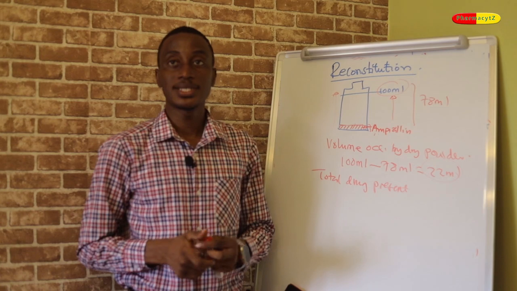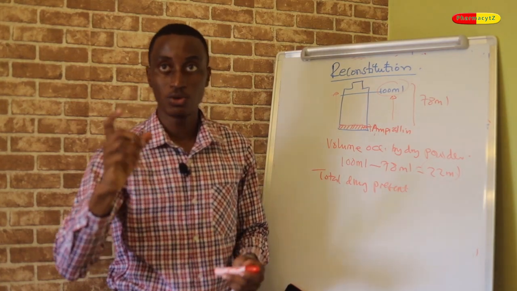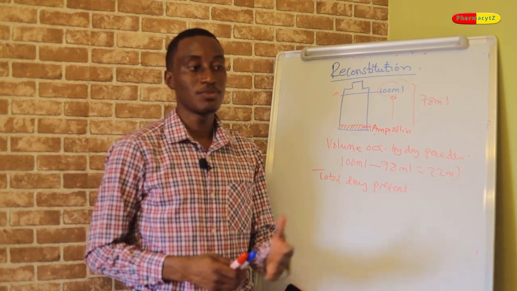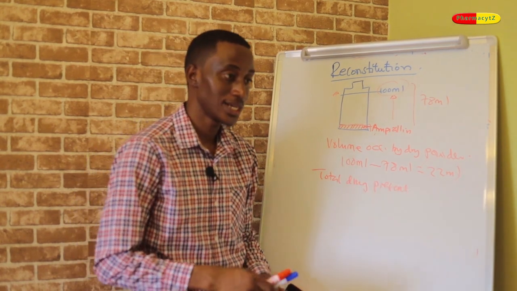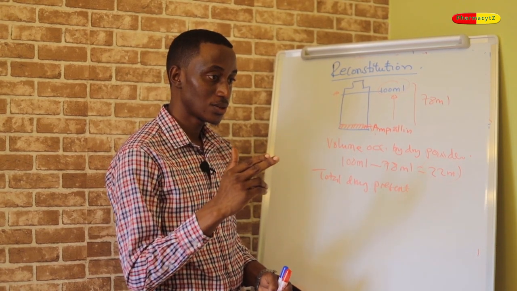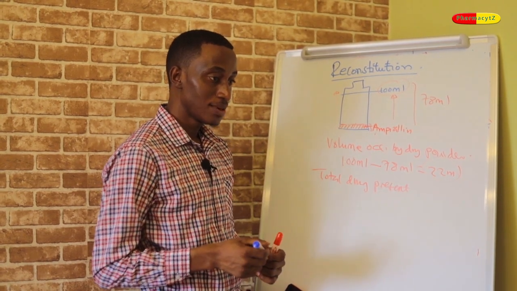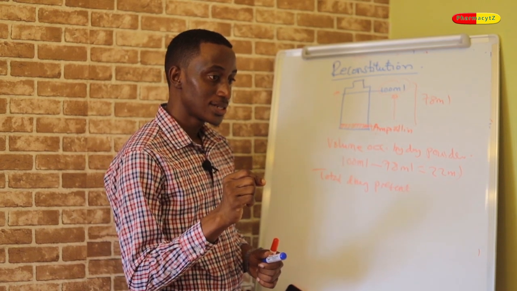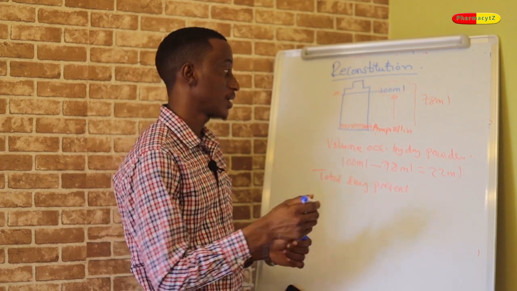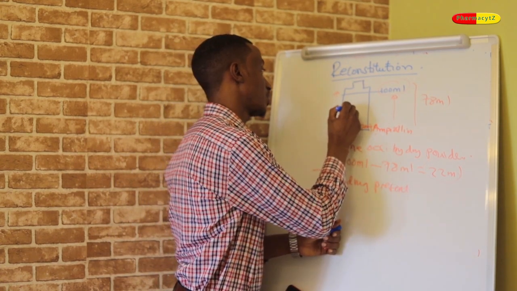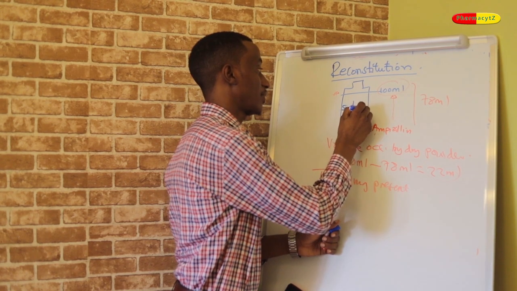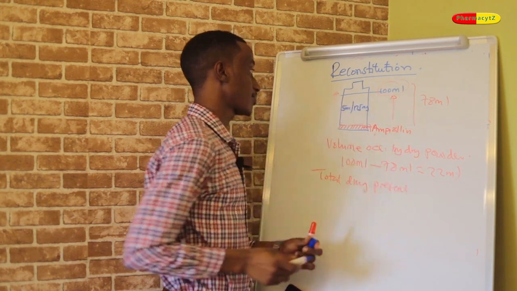the total drug present can be obtained from the concentration obtained after reconstitution. Okay, what does the manufacturer's label say? The manufacturer's label states that after adding 78 ml of water, the resulting concentration will be such that 5 ml will contain 125 milligrams, which means after reconstitution, 5 ml will contain 125 mg.